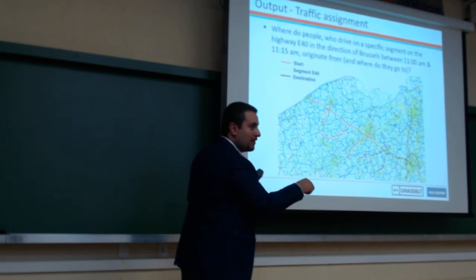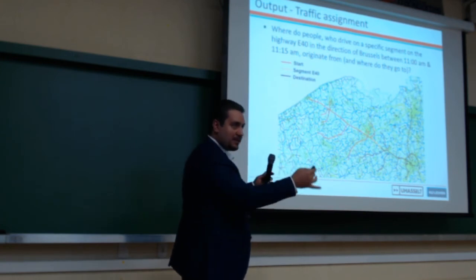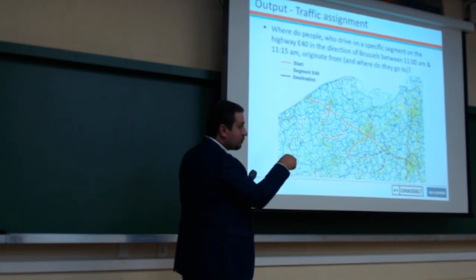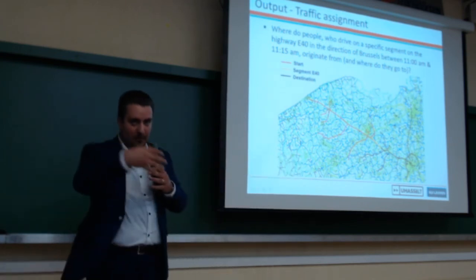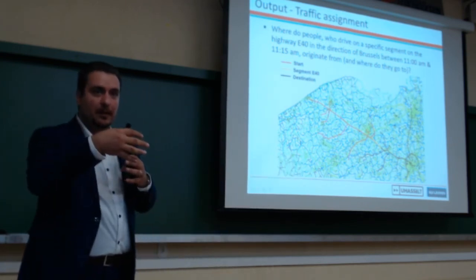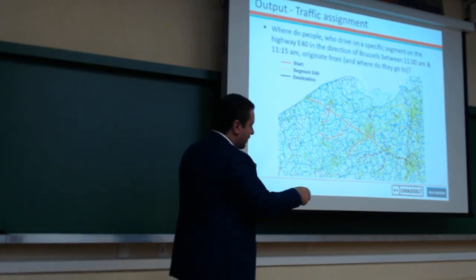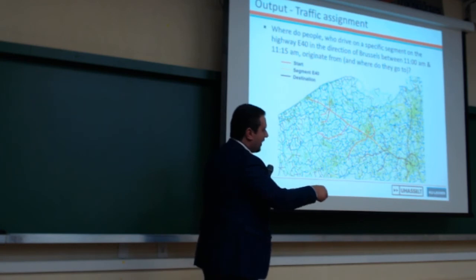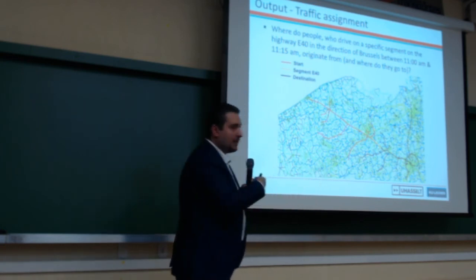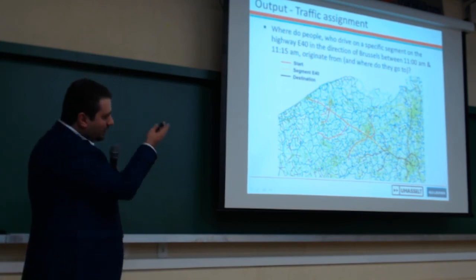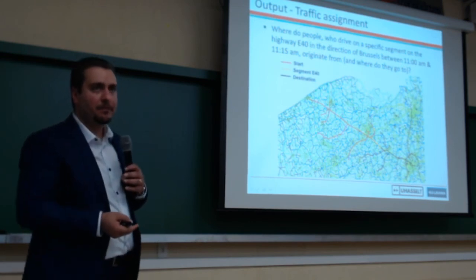So the yellow one is basically the place that we're interested in, and these red ones are the kind of route or the path that those people are coming from and are taking, actually. And the black one are the kind of roads that they basically take to go to their final destination. So why this could be relevant?